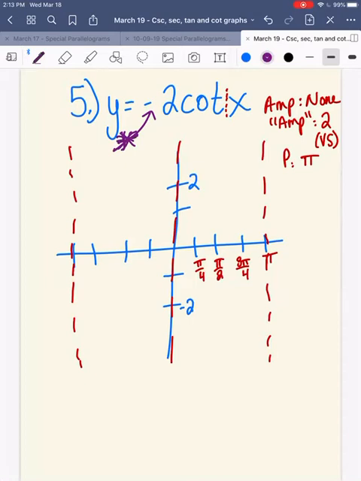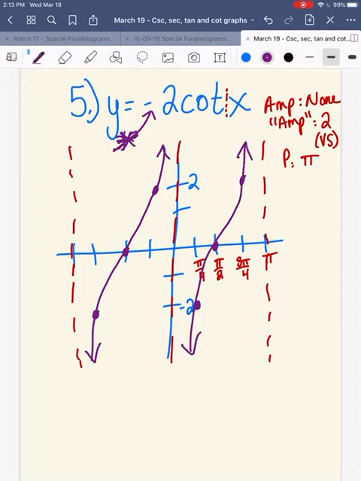And cotangent is typically a decreasing graph, if you remember that from yesterday's lesson. So in this instance, it's going to be increasing. So we're going to start at the bottom, midline, and go to the top, and then make our little curve as best we can. Okay, and then we'll do the same thing. Start at -2, go to the midline, go to 2. And so there we have it.